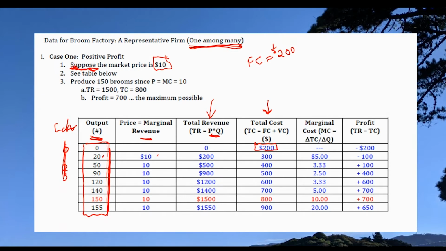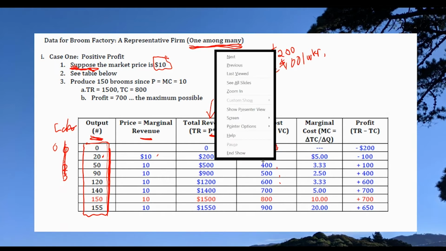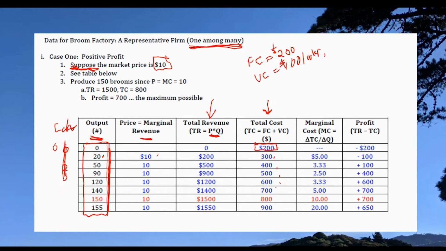And we imagine that the marginal cost of a worker, the amount of money we have to pay the worker, is going to be $100. So the variable cost is equal to $100 per worker. And that's going to give us the 200, 300, 400, 500, 600, 700, this total cost function. So we add no workers at 0 here, but one worker at $100 plus the $200 fixed cost is going to give the 300, and so forth and so on. So that's where those numbers are coming from.